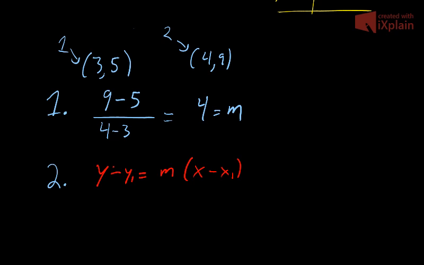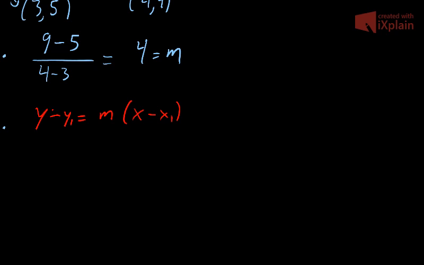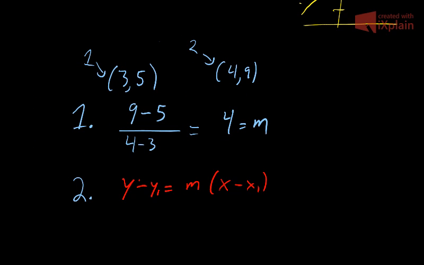Substituting y1, which is 5, that gives me y minus 5 equals m, and we found that 4 is m, so we can plug that in, times x minus x1. x1 is 3 there, so x minus 3. And just like that, we're done. We have found the equation of our line. This can work with any line you like, given any 2 points, and we are good to go.